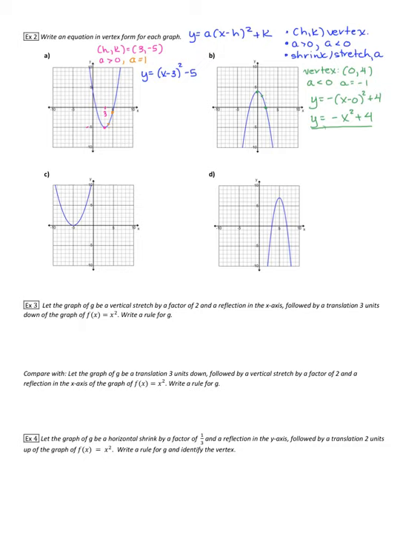All right, let's try this next one. So we see that our vertex, which represents the (h, k), is going to be at (-5, 0). Let's see, oh, now we're going to have some sort of a stretch. We know that a is going to be positive because it's greater than 0, so it'll be a plus. But now notice, I don't go over 1, up 1. It looks like I'm going over 1, up 1/2. If I go over 2, usually I would go over 2, up 4, because 2 squared is 4.